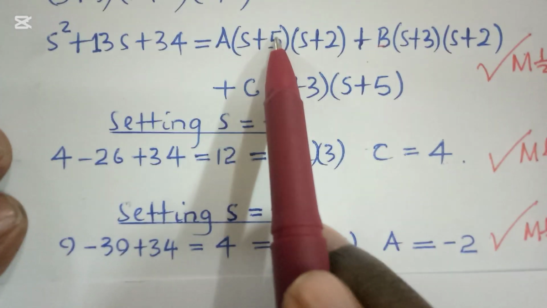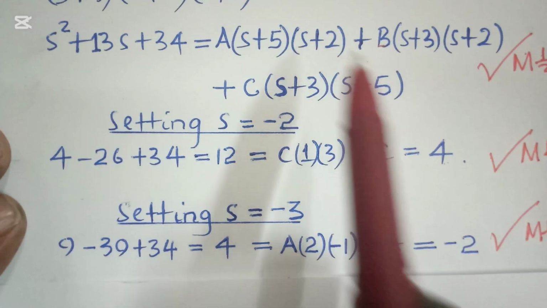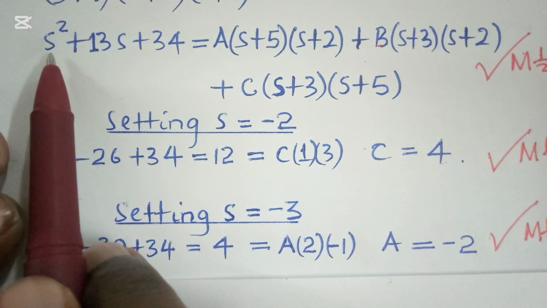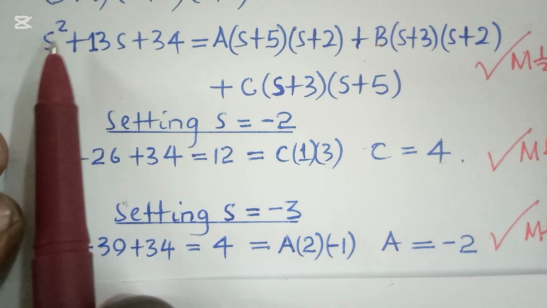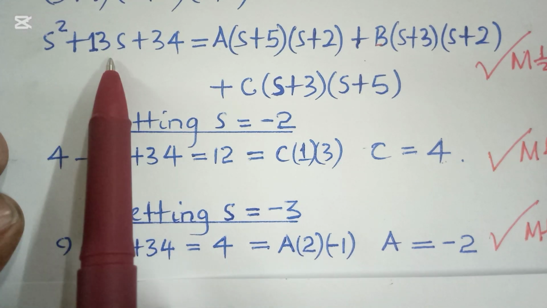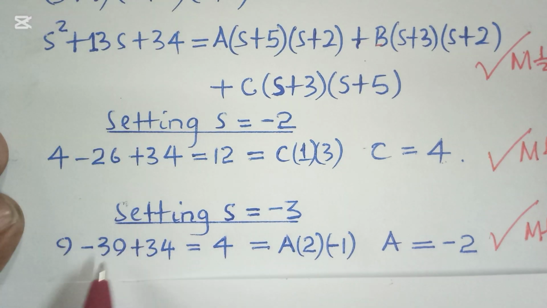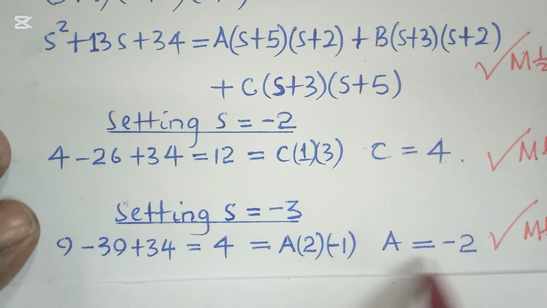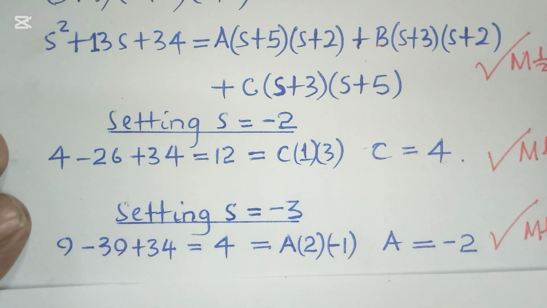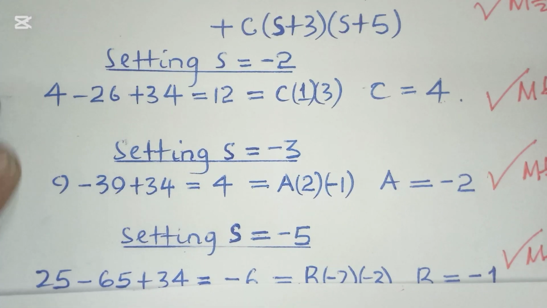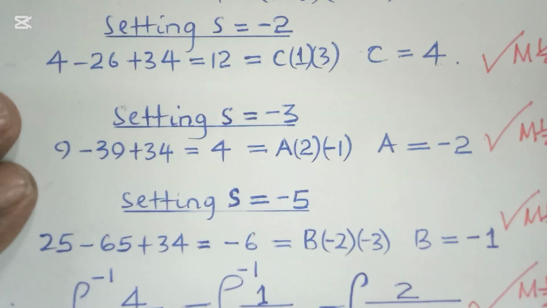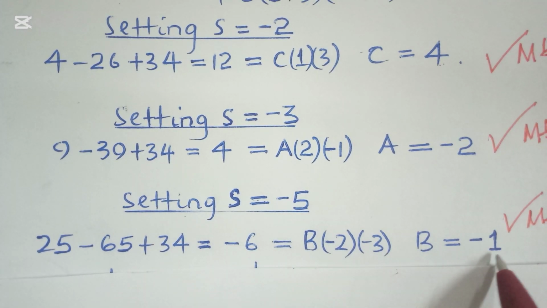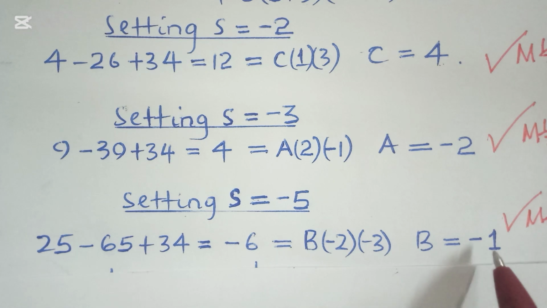That will give us 2, and this one will give us -1. Then we also put -3 for this: that is 9, plus 13 multiplied by -3, which is -39, plus 34. And so guys, we are able to get A equals -2. After that, we set s equals to -5. We do likewise, and we get B equals -1.